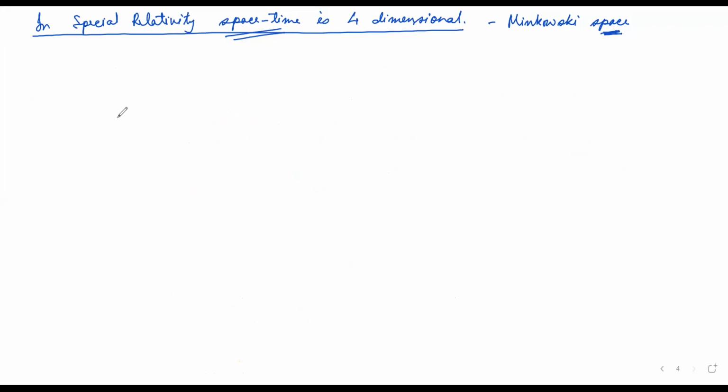In Minkowski space, in your classes on special theory of relativity, you must have learned that ds square is c square dt square minus dx1 whole square minus dx2 whole square minus dx3 whole square.